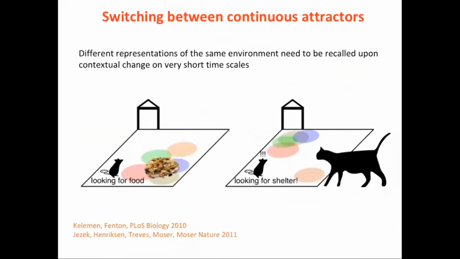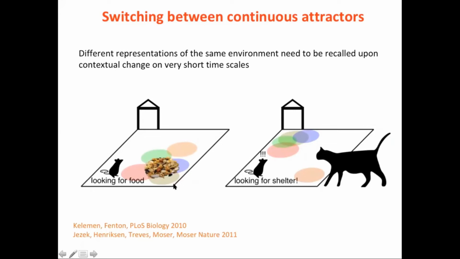So this issue is not purely academic, and I will discuss that tomorrow in my second lecture. But I just want to give you a glimpse of why this is important in the animal's life. In fact, the idea is that even very different representations of the same environment may, on some occasions, have to be recalled on very short time scales. You can think of an animal which is exploring an environment in search of food, and is eating something in some spot in the environment.